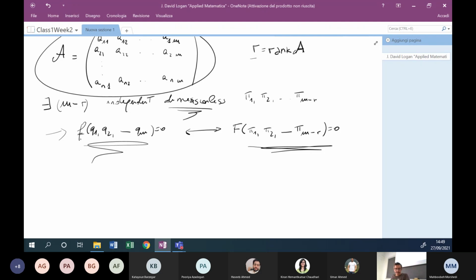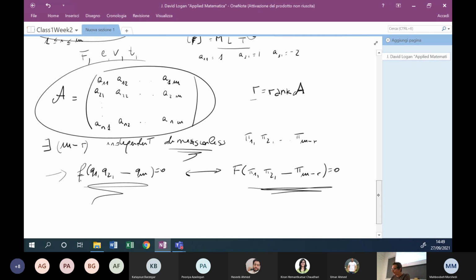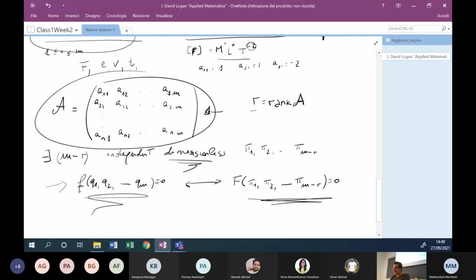So let me start by noting that this matrix here, as you probably remember, can be seen as the matrix of the coefficients of a homogeneous linear system of m variables.